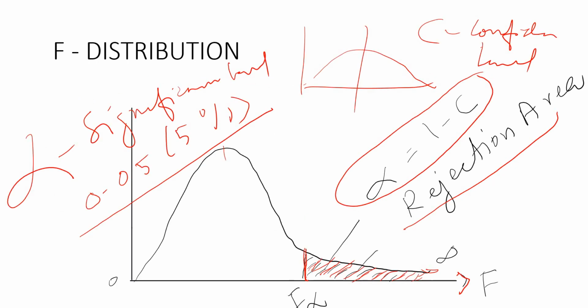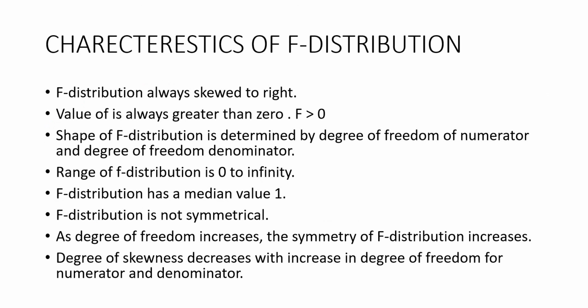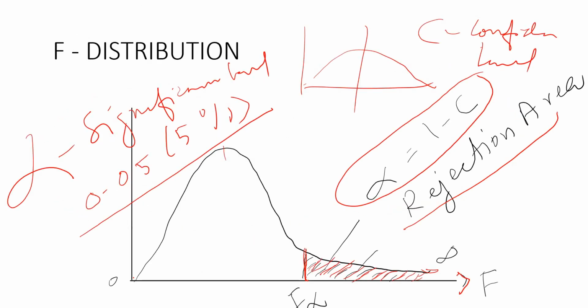If you see the distribution curve, it is skewed to the right. The value of F is always greater than 0. You can see it starts from 0 and increases, the minimum value is 0, so it's always greater than 0.